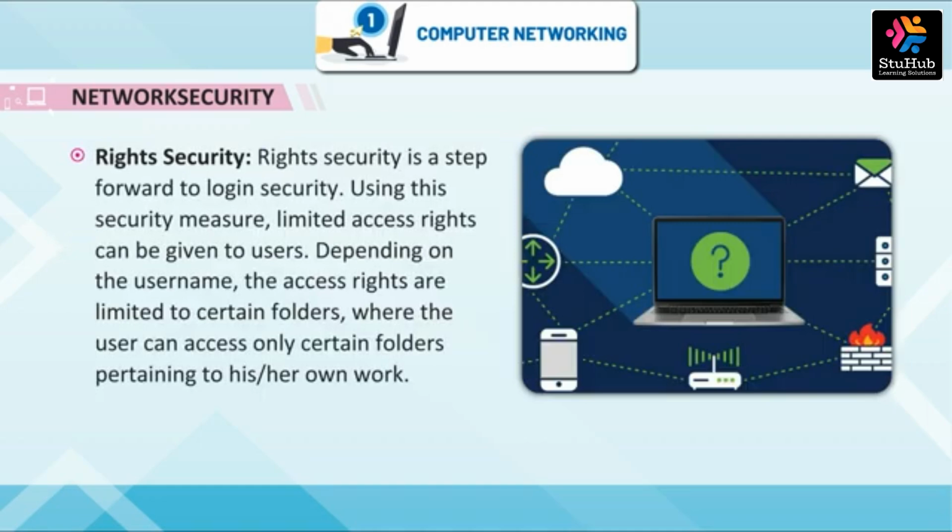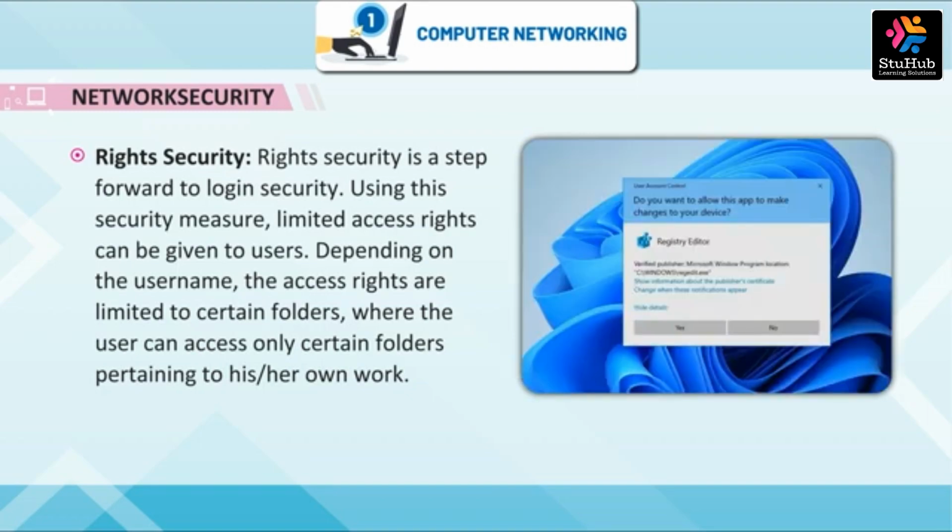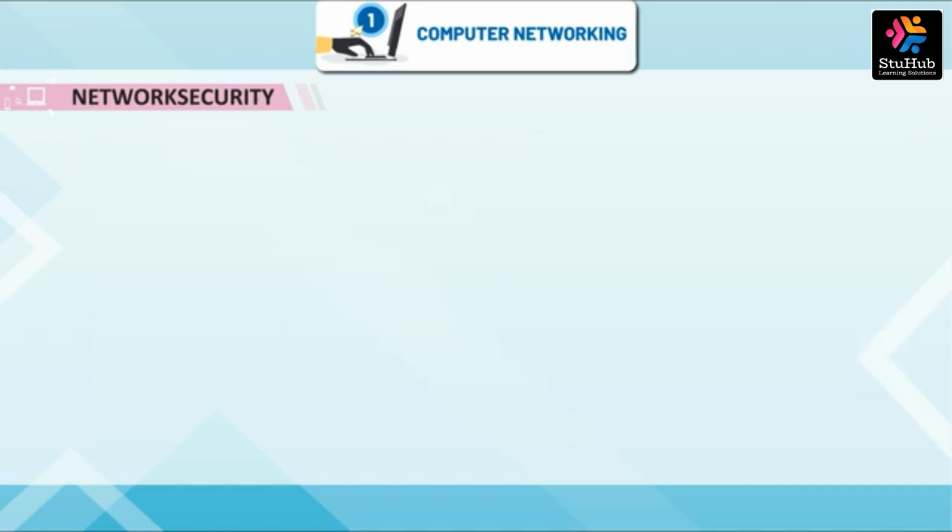Rights security. Rights security is a step forward from login security. Using this security measure, limited access rights can be given to users depending on the username. The access rights are limited to certain folders where the user can access only folders pertaining to his or her own work.